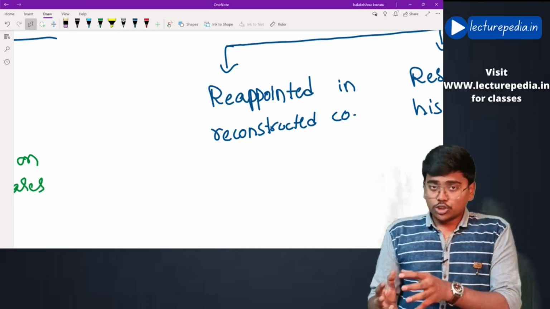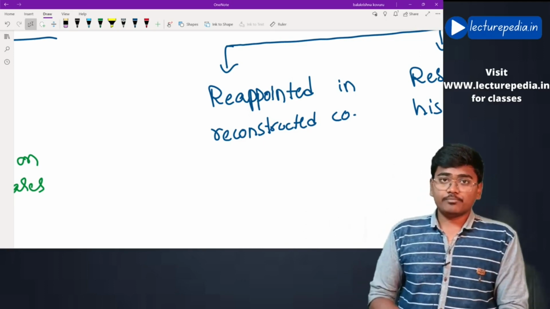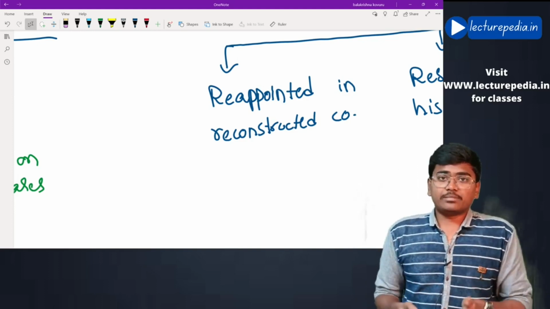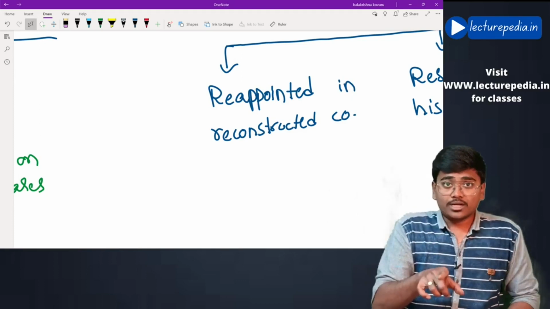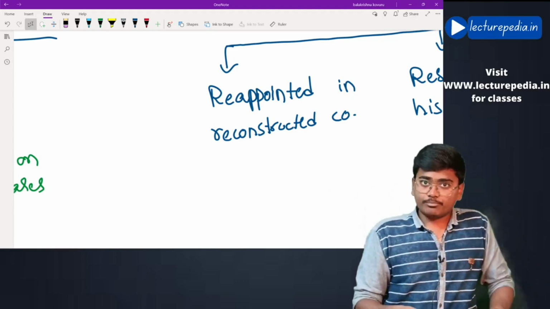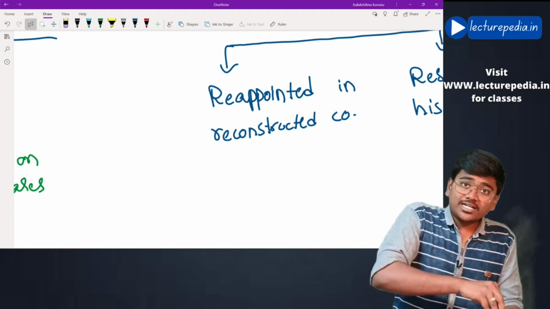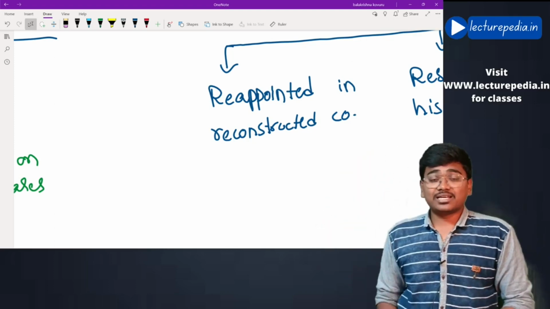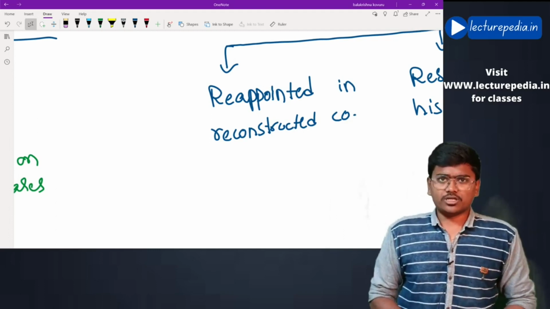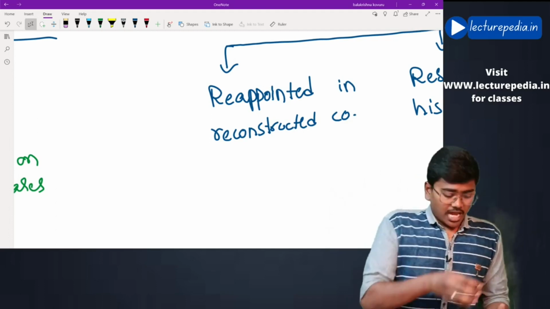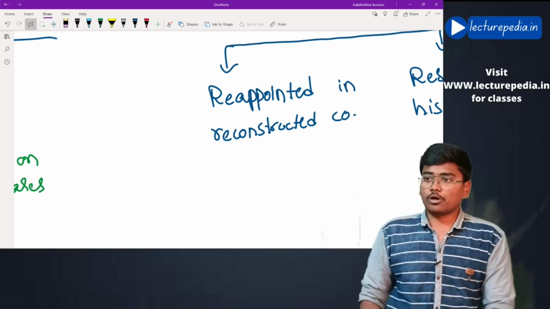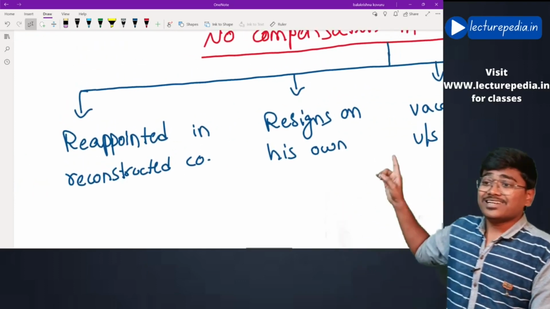Thereby, due to this amalgamation or merger, the office of the managing director or whole-time director is being lost. However, he is removed from this company but appointed to the same position in the newly constructed company. In that case, no compensation will be given because here he is losing the office and we are giving his office in the newly formed company. Thereby, no compensation.